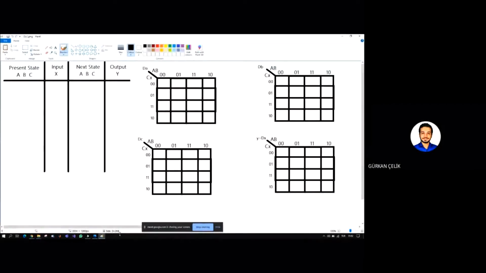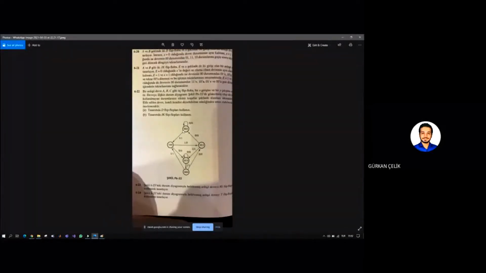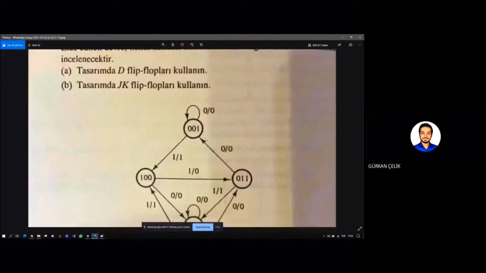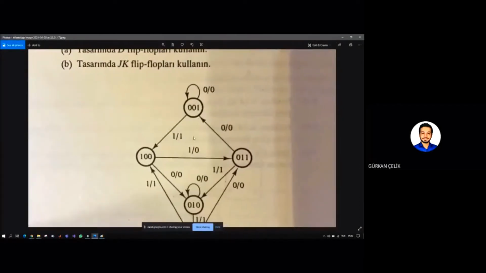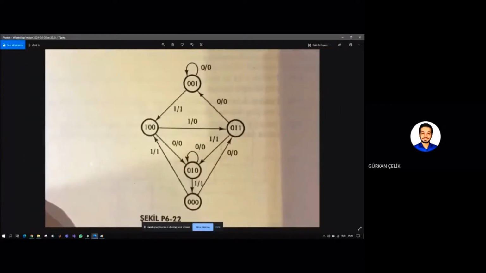Here we have three bits, for example 1 0 0 and 0 0 1. So we need to add three different flip-flops to the circuit, just because this is 3 bits.